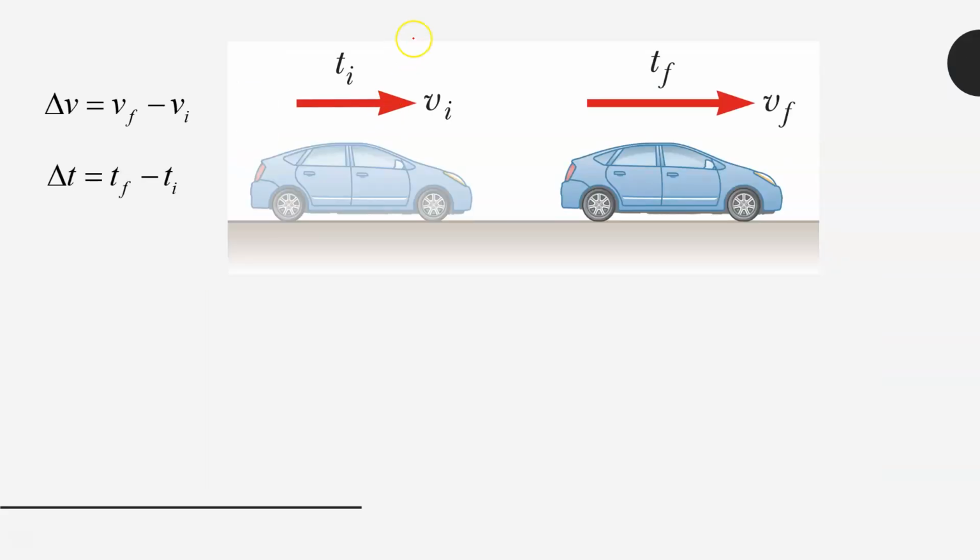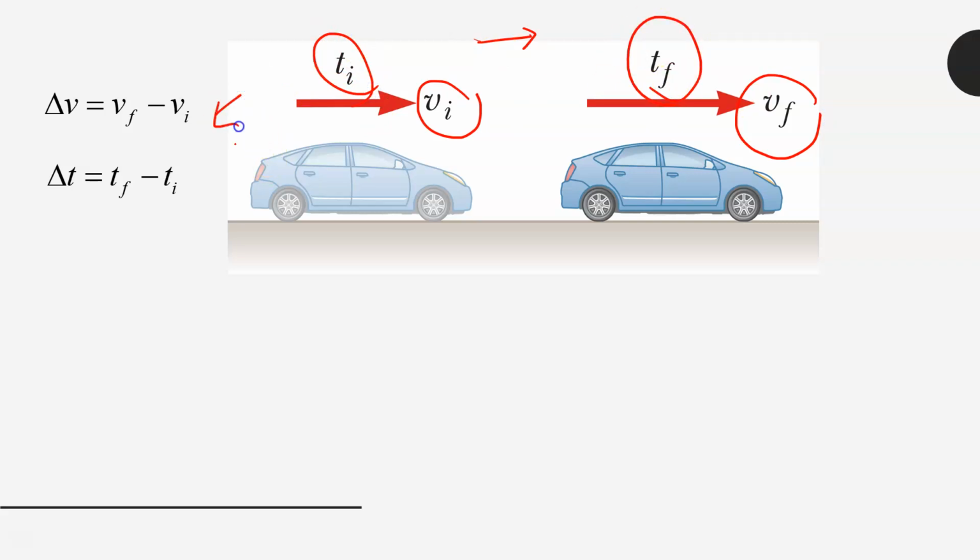When a car is moving to the right over here, it accelerates from a velocity vi to vf in the time interval delta t, which is from ti to tf. So it is written over here.